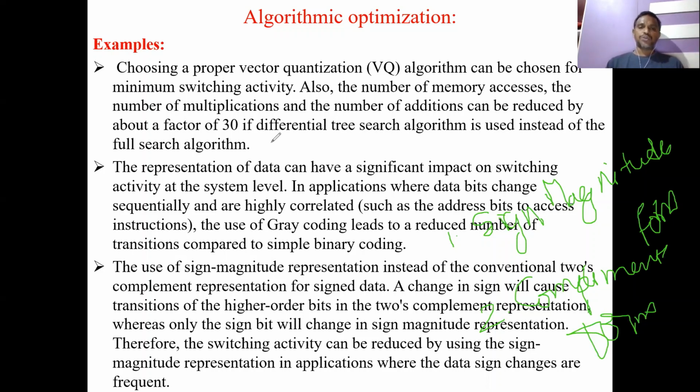So signed magnitude means, if you consider here, this is 0, 1, 0, 1, 0. This is a negative number. So here we will place one sign bit, that is 1. It is the sign bit, so it will represent the signed number.